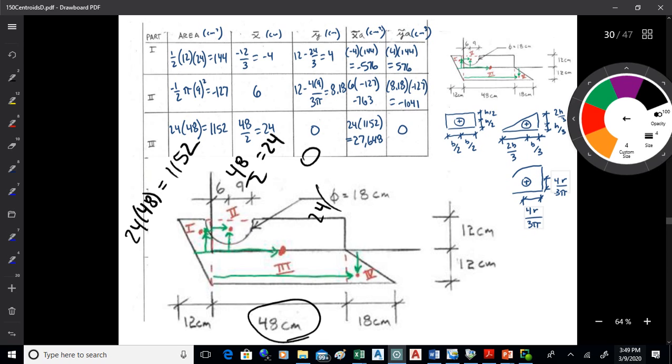And then we're later on going to subtract the area of the half circle. We made it a negative, that'll make us subtract it. I put the sign in how I calculate it in the beginning. Okay, so the X bar A entry is 27,648, and the Y bar A entry is 0 on account of that Y bar distance being 0.